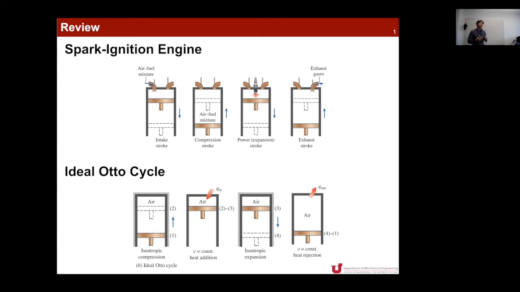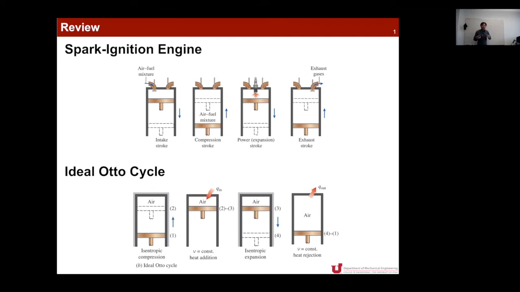In the ideal Otto cycle, we ignore the intake stroke and exhaust stroke by assuming that the pressure inside during those strokes is the same as the atmospheric pressure. Instead, we take care of the compression and expansion, and in between, the combustion process is considered as the heat input process, and the exhaust process is converted to be the heat rejection process.